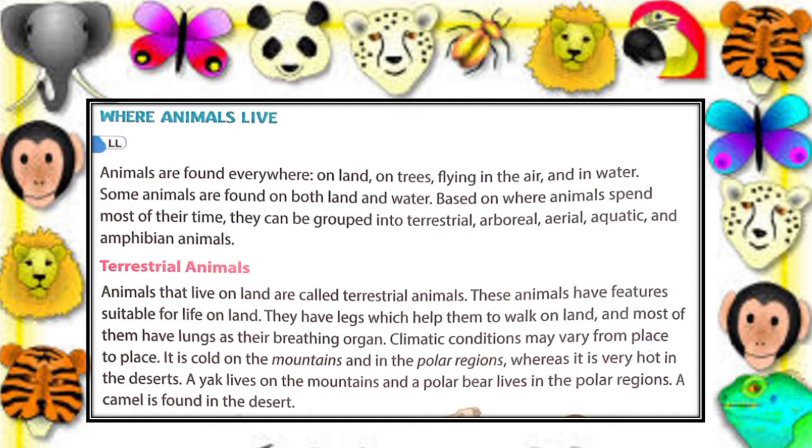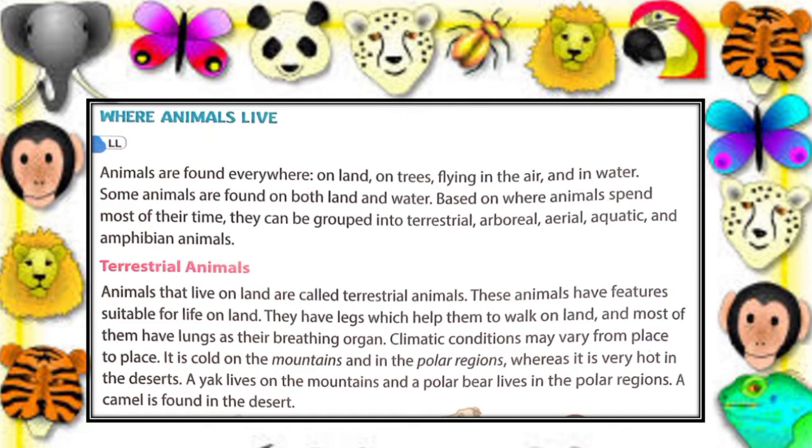So as you know, animals are found in every part of the world. Some live in forests, others live in hot and sandy deserts. Some live in lakes, rivers and the sea. And they are even found in very cold areas like the Arctic, where the ice never melts.